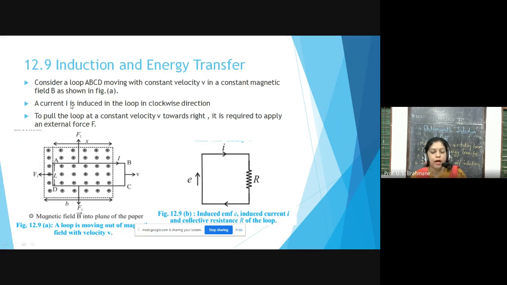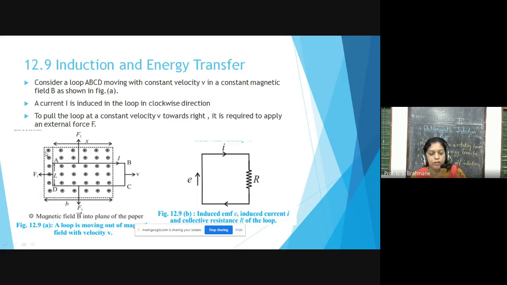So a current I is induced in the loop in the clockwise direction. To pull the loop at a constant velocity V towards the right, it is required to apply an external force F. Now we can notice that as we have pulled the loop out, the flux is decreased.